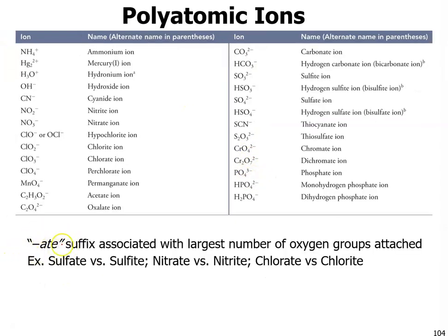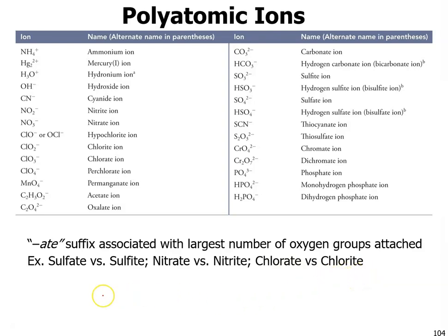Just a little side note, something that might help you think of something as a nitrite versus nitrate: the -ate suffix means it's the larger number. You can think of it like eating something. You'd rather eat the larger number than the smaller number. I don't know. Just the sulfate versus sulfite, nitrate versus nitrite, chlorate versus chlorite.